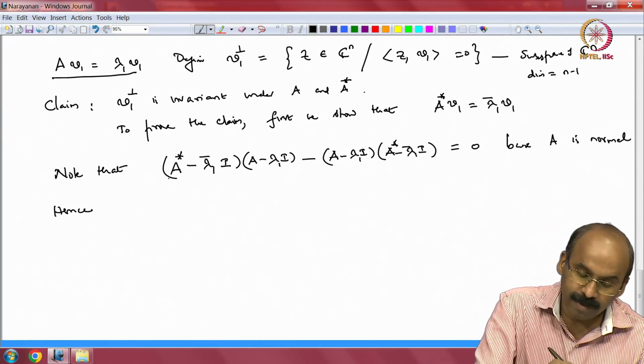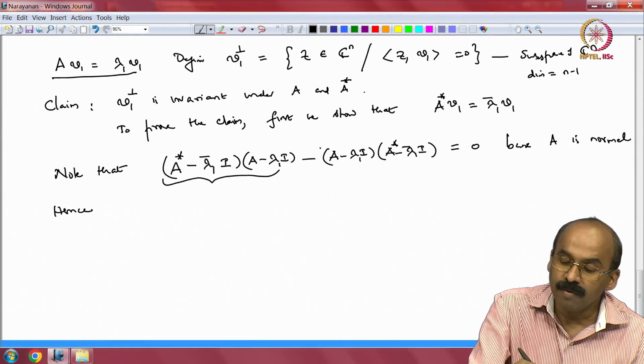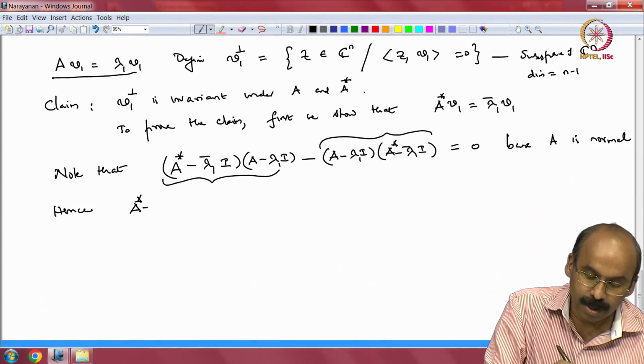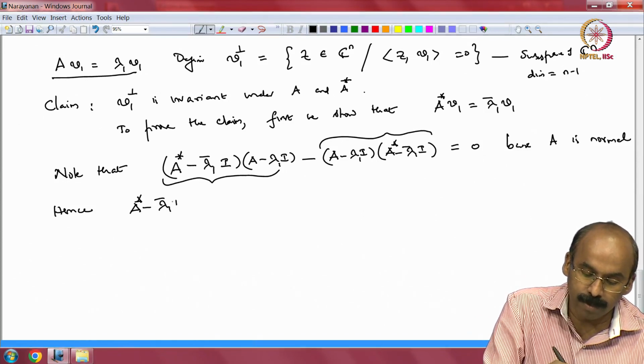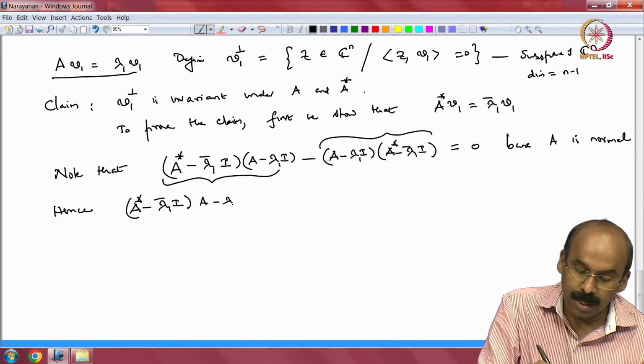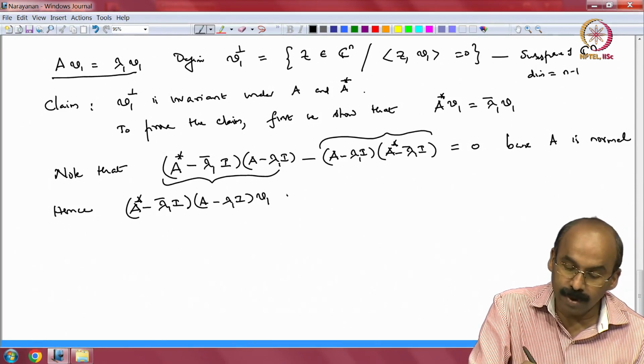So, the first one applied to V1 inner product with V1 will be the same as the second one applied to V1 inner product with V1. Okay. So, (A star minus lambda 1 bar I)(A minus lambda 1 I) V1 inner product with V1.